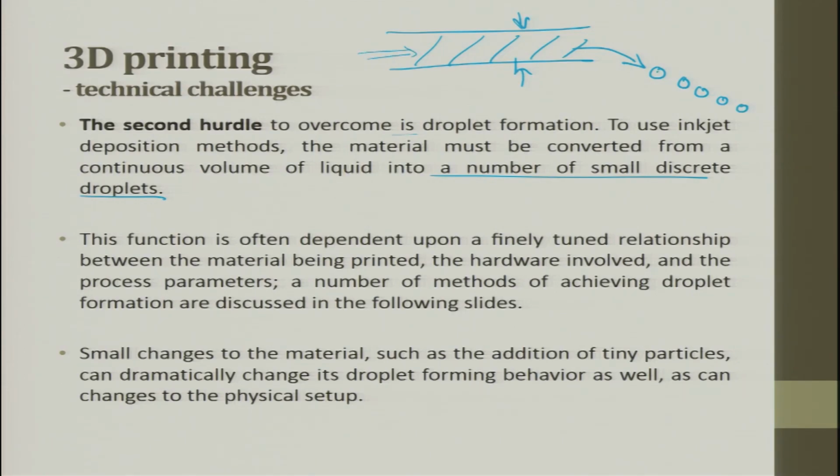When you take it out, again the droplet size should be uniform, and the droplets should not get joined to each other. Once they join, when it is getting dispensed, it will not be uniform. And when we are moving this binder head on top of the powder bed, if there is an air bubble which is getting stuck while flowing, then there will be a defect created at that portion.